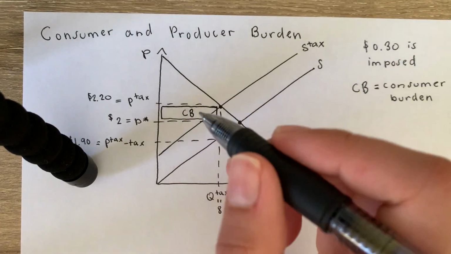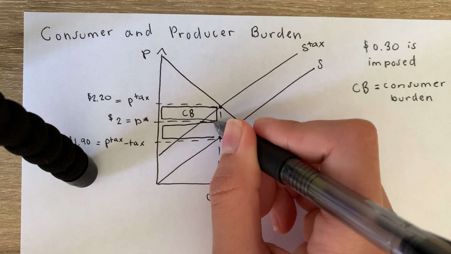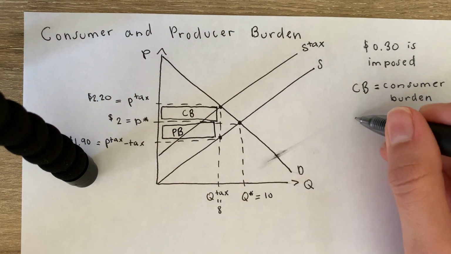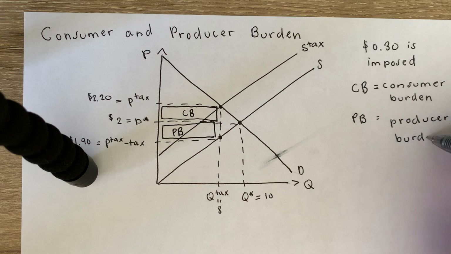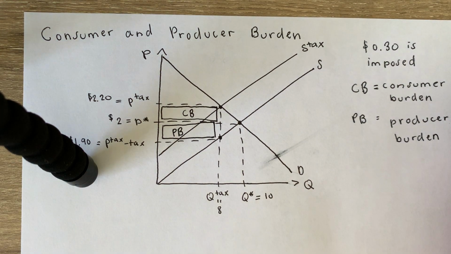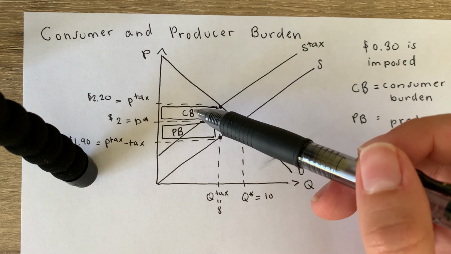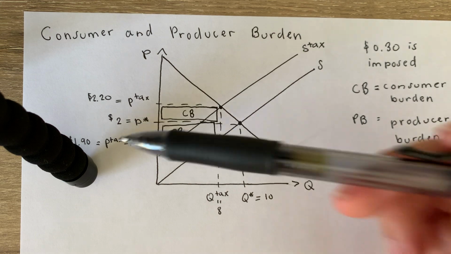Right, and then we have another area that's right over here. So this is going to be our producer burden, right? So PB, producer burden. Right, so we can calculate each of these, right? So for the consumer burden, we know that consumers are going to be paying an extra 20 cents per unit, right?